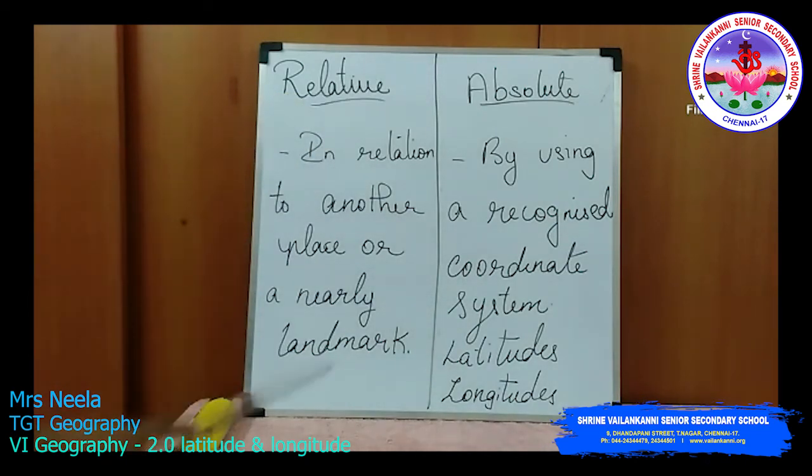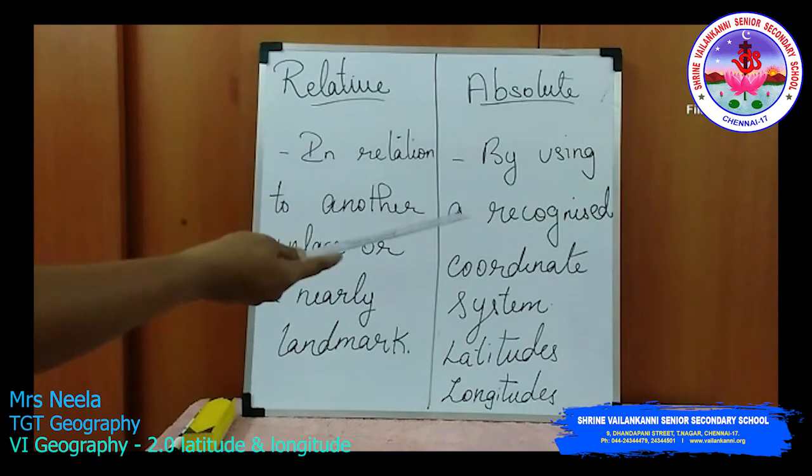Relative location is the location that we describe by comparing with a nearby landmark. For example, Leah's school is to the northwest of the Chennai airport. Everyone knows where the Chennai airport is, and from that we mention the direction and identify Leah's school.